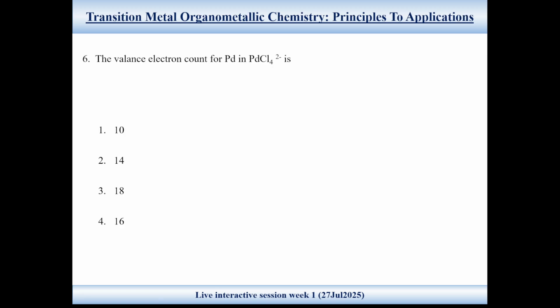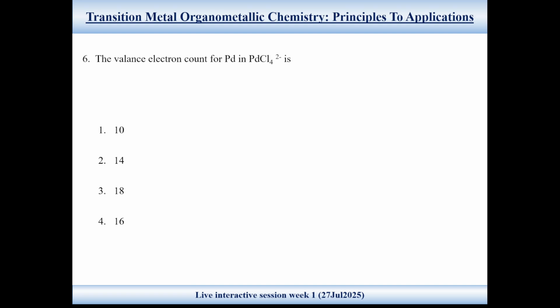The next question is: the valence electron count for palladium in PdCl4 2 minus is? What will be the valence electron count? Palladium is in which group? Nickel group.